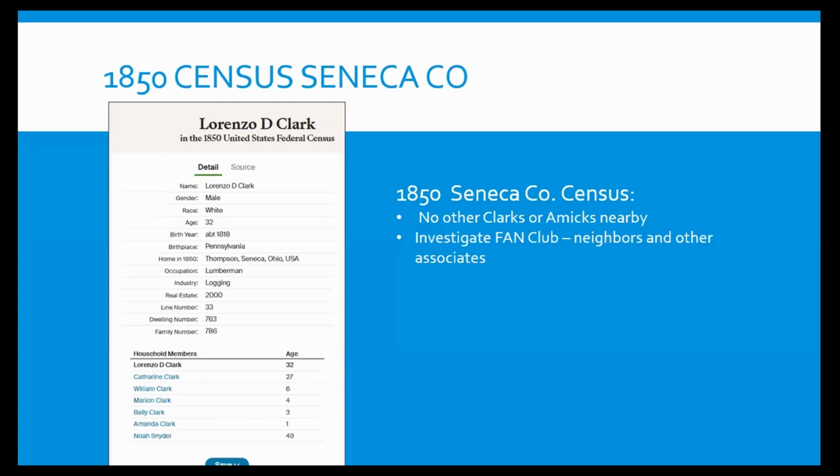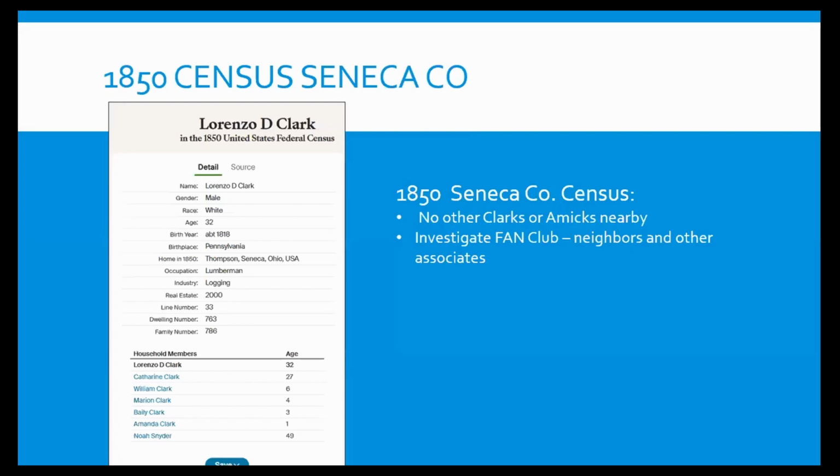If you have no other clues to go on, then these are your major clues at this point, trying to link them to some other people named Clark or Amick. Like I said, we didn't find anybody really that stood out to us when we were looking at the neighbors. They'd have to do some extensive digging into those people.